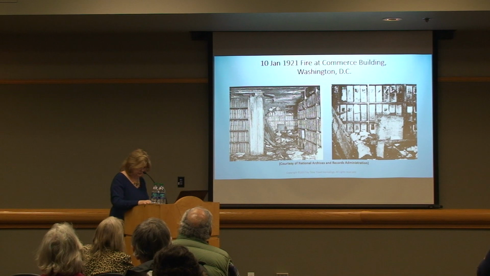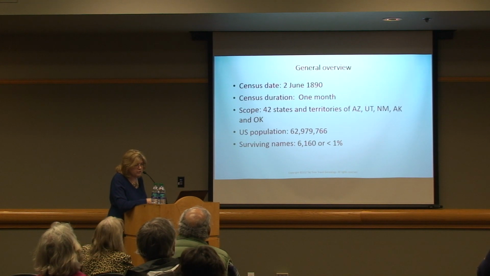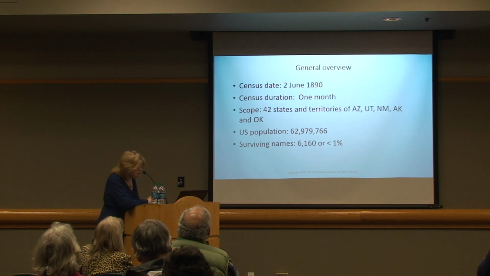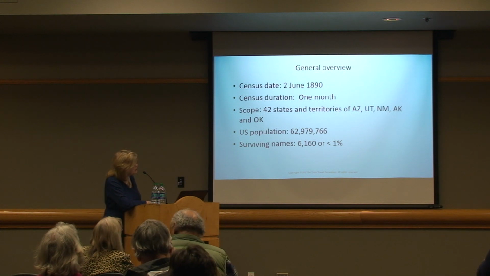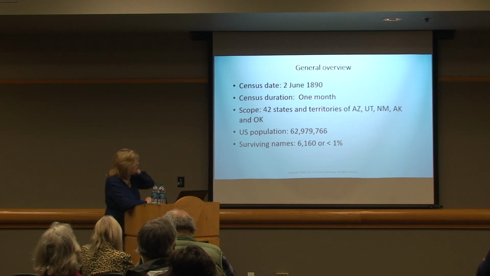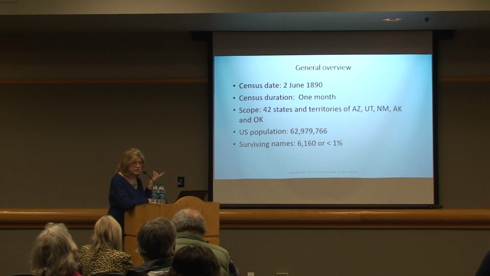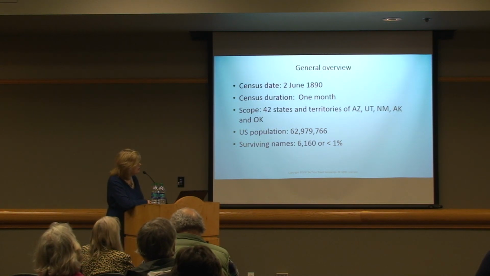Very sad. So what information can we learn from the census? Well, the census date was June 2nd, 1890, and it lasted for 1 month. The scope was 42 states. Hey, we almost have a full country here. Plus the territories of Arizona, Utah, New Mexico, Alaska, and Oklahoma.